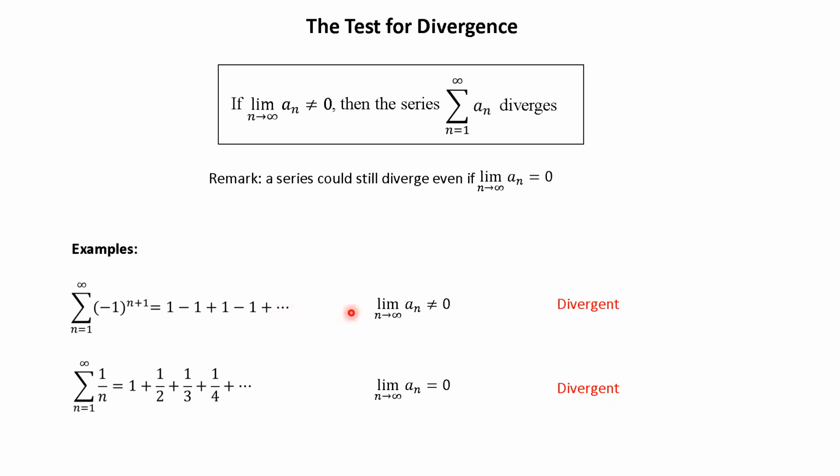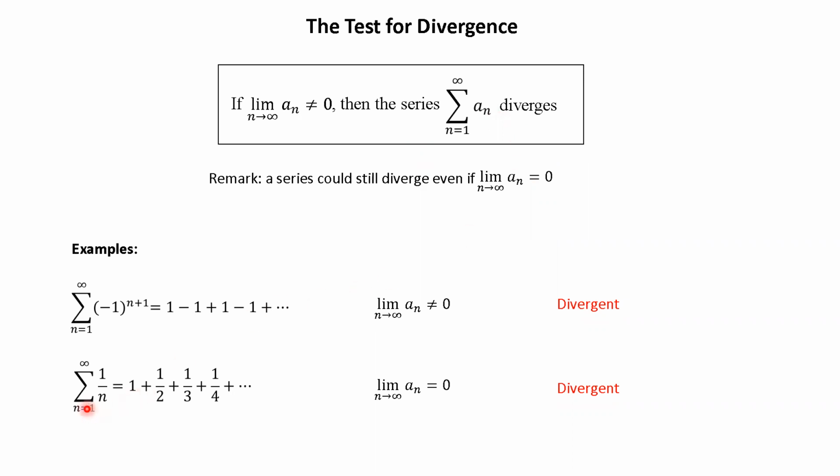However, it is not a very strong test. By that I mean, even if you find that the limit is indeed 0, that is a necessary condition but not a sufficient condition for us to say that the series actually converges.